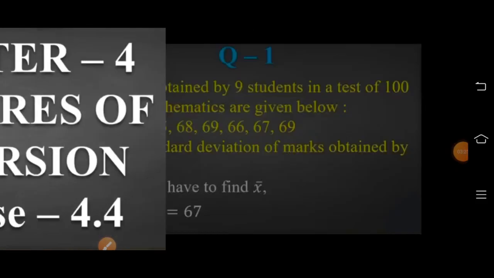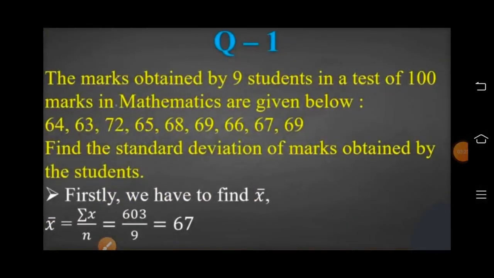Exercise 4.4, sum number 1. The marks obtained by 9 students in a test of 100 marks in mathematics are given below: 64, 63, 72, 65, 68, 69, 66, 67, 69. Find the standard deviation of marks obtained by the students. Here, first you have to count the observations. The total observations are 9.